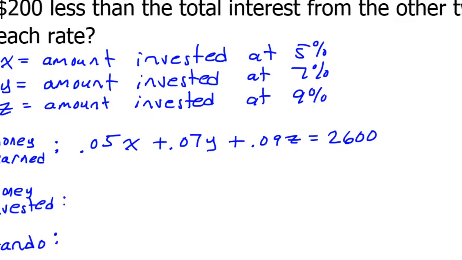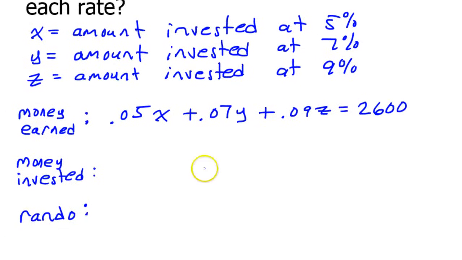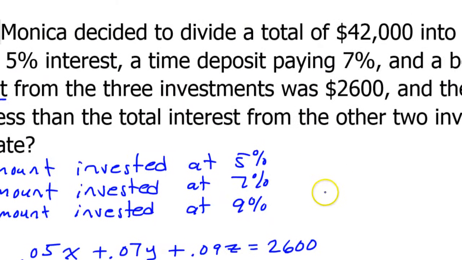Now as far as money invested, we'll look back at our variables. X is the amount invested in one account. Y is the amount invested in another account. Z is the amount of money invested in a third account. So if I simply add up those three numbers, X plus Y plus Z, that should equal the total amount of money that she invested. We already spoke about that.